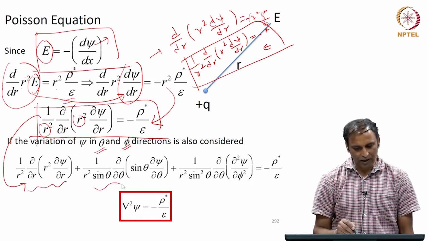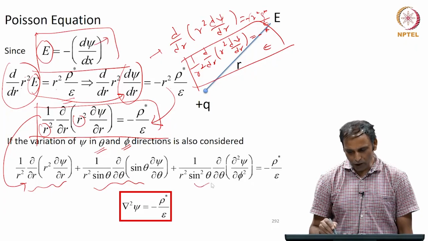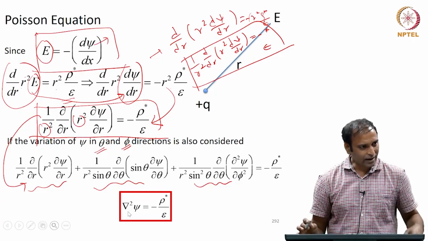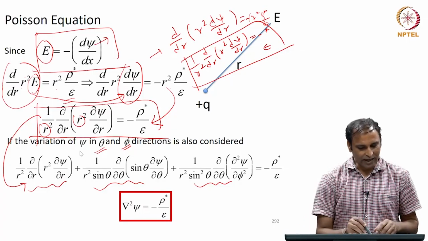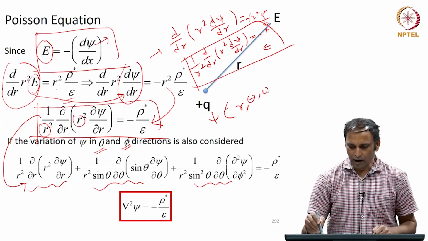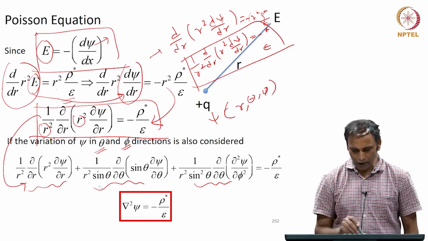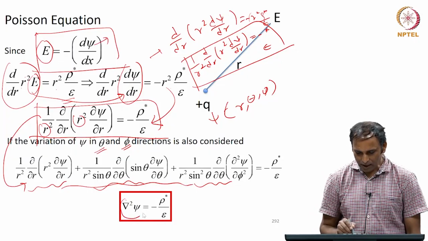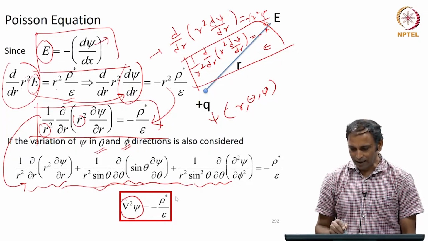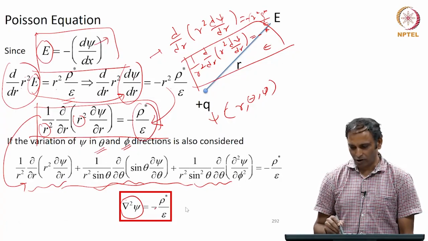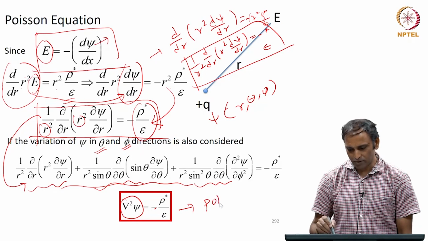Similarly, you could assume a variation only in theta or only in phi. If I take a general case where psi is a function of r, theta and phi, you end up with this expression. The left hand side can be written as del square psi, and the right hand side is minus rho star by epsilon. This is what is called the Poisson equation.